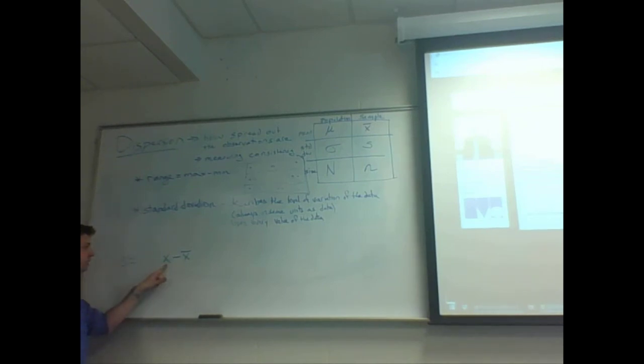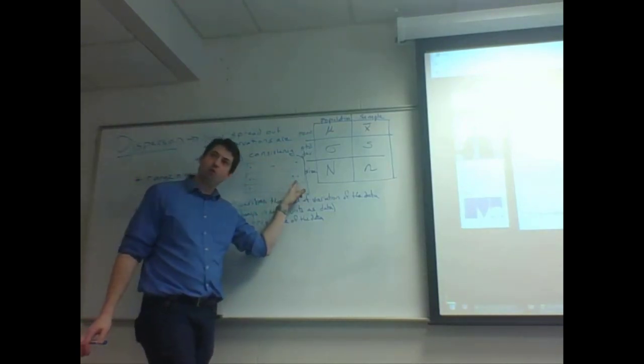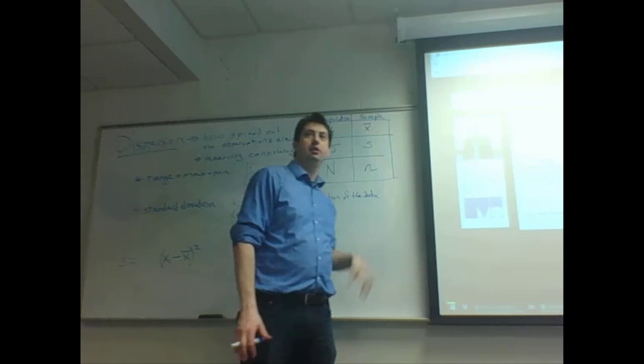The difference between the observed value and the average. And then we square it. We square it because we want to give disproportionately more weight to things that are really far away than to things that are kind of close by.